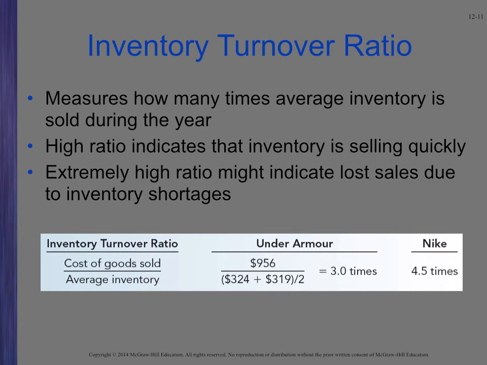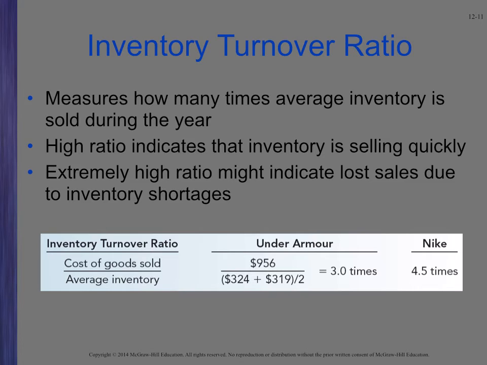However, an extremely high inventory turnover ratio might be a signal that the company is losing sales due to inventory shortages. So we want the inventory turnover ratio to be as high as possible, but not extremely high.